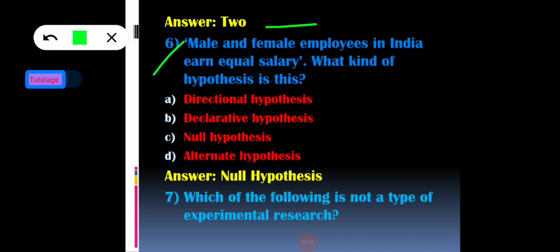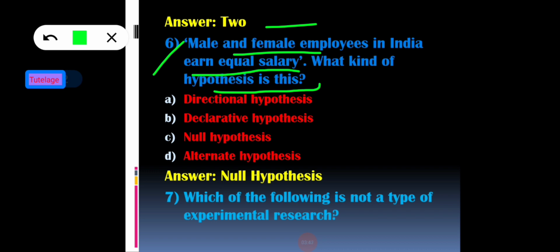Now going to the next question: male and female employees in India earn equal salary. What kind of hypothesis is this? We have already told the meaning of hypothesis. A hypothesis is basically a tentative statement and it indicates the relationship between two variables. Male and female are the two variables. Both earn equal salary, so there is no difference between male employees' salary and female employees' salary.